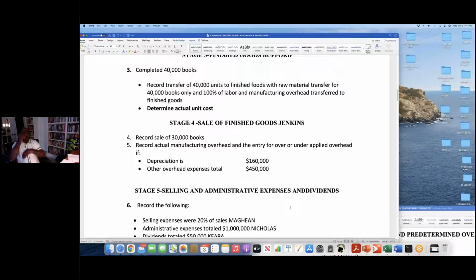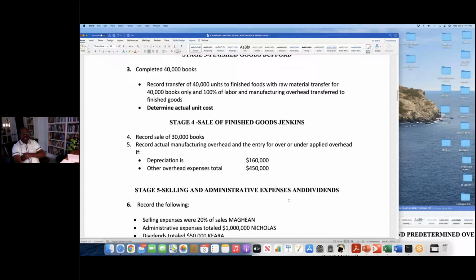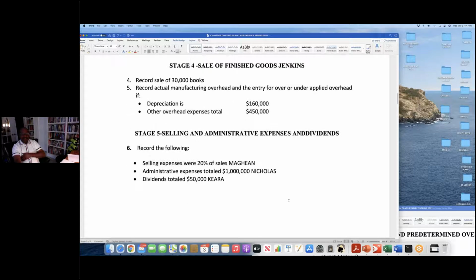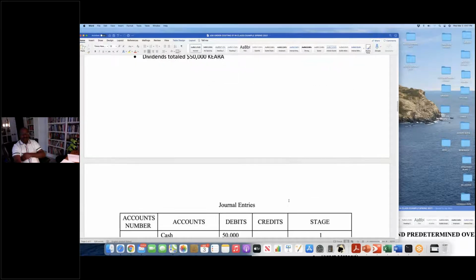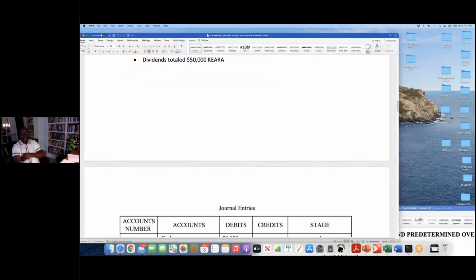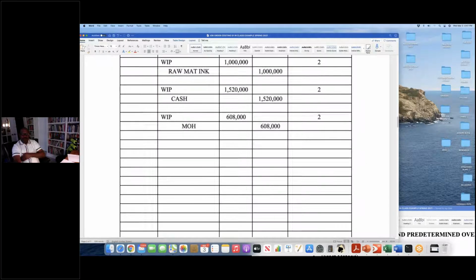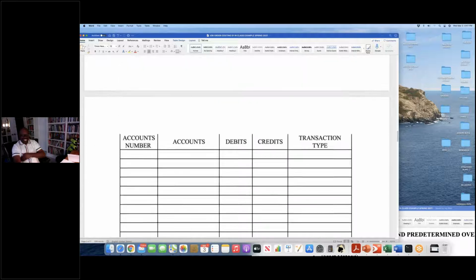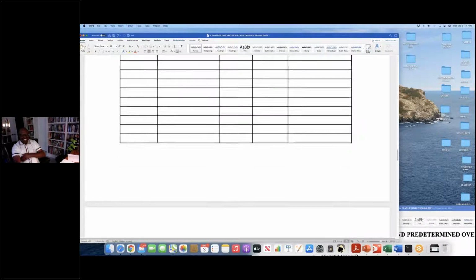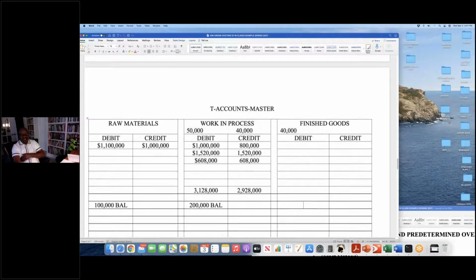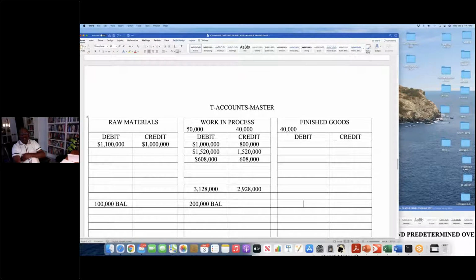Sale of finished goods, and we're selling 30,000 books. But what's our actual unit cost of the books in the first place? 100,000, what we had left. Go back down to the chart. No, 200,000.